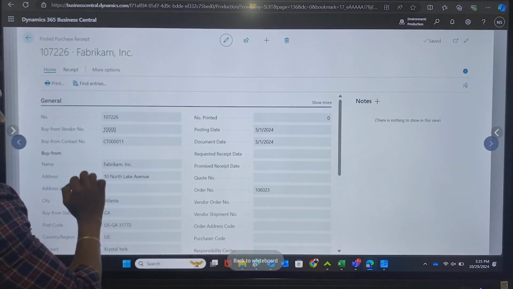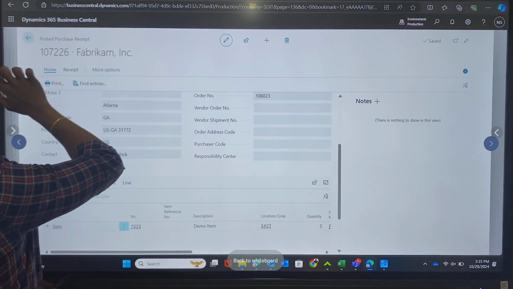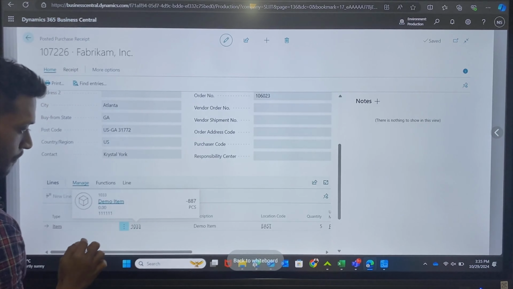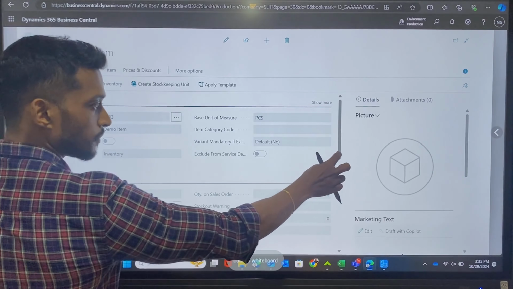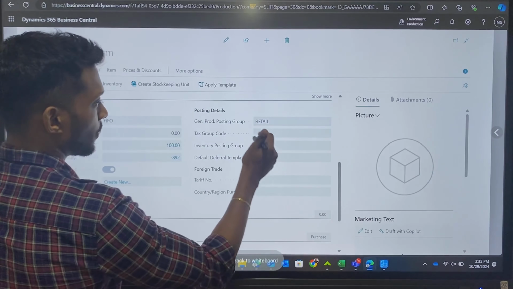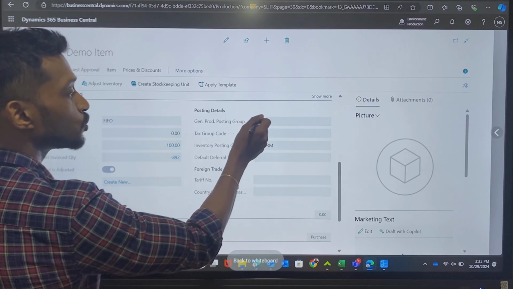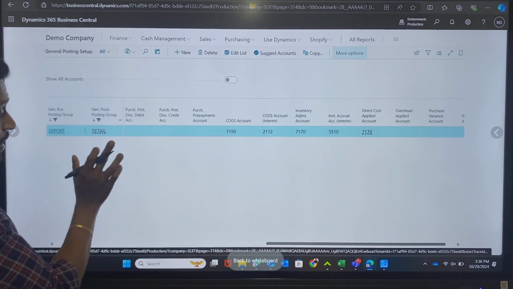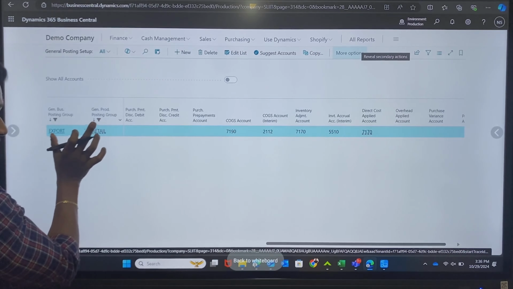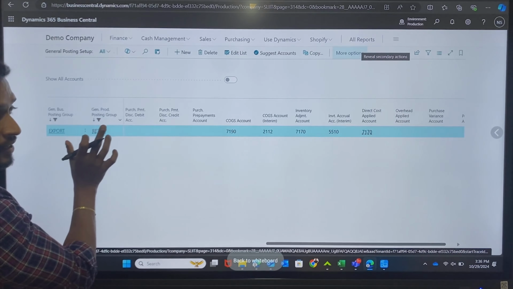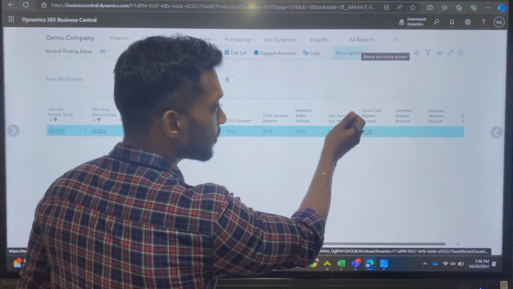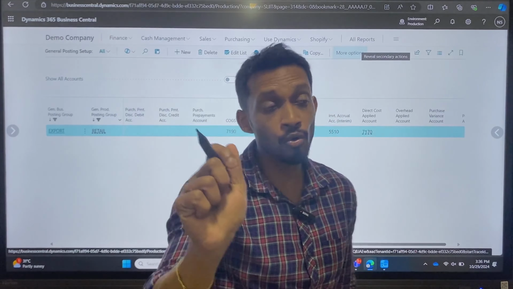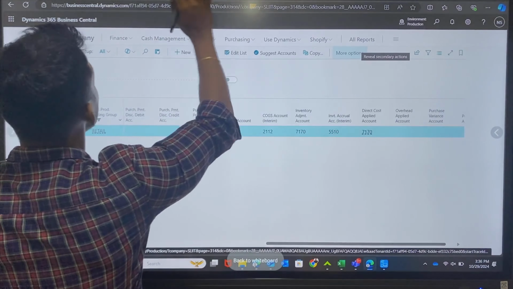And again, if we come to the item, the general product posting group is retail. Based on this combination, I have set up my inventory accrual account as 5510. That's how this account came.